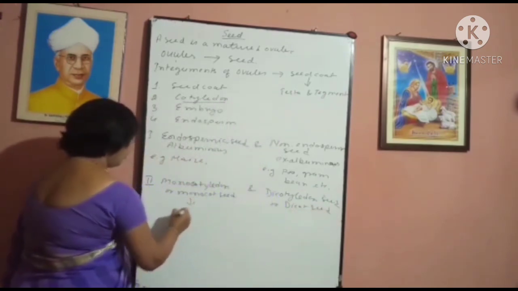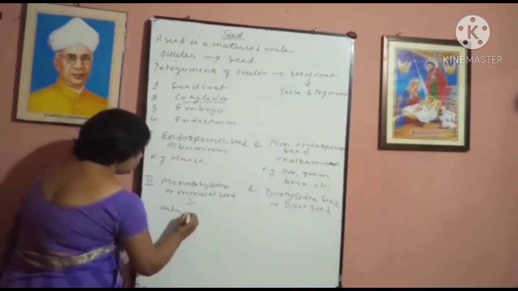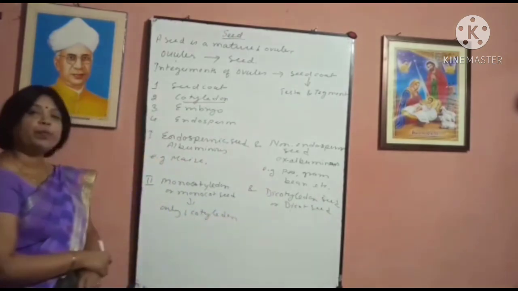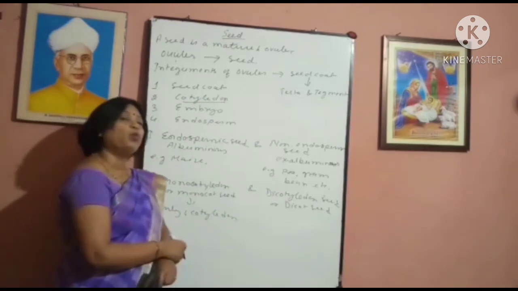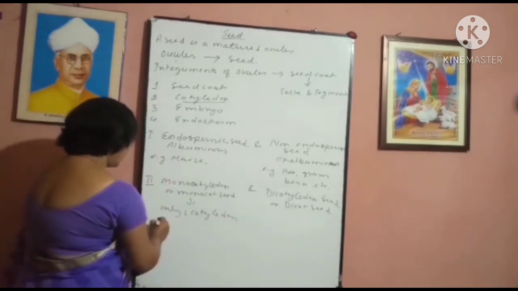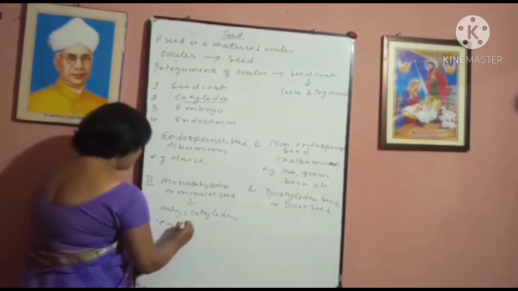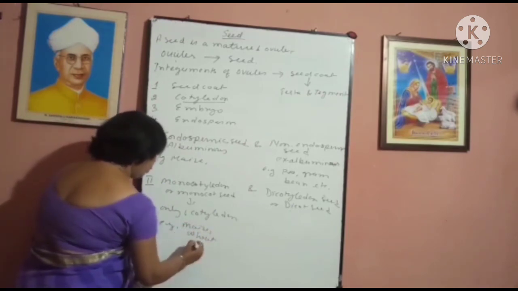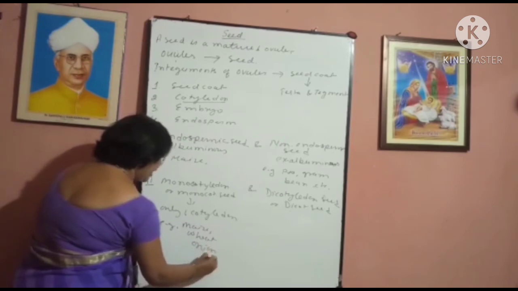Those seeds in which only one cotyledon is present are known as monocot seed, such as maize, wheat, onion, etc.